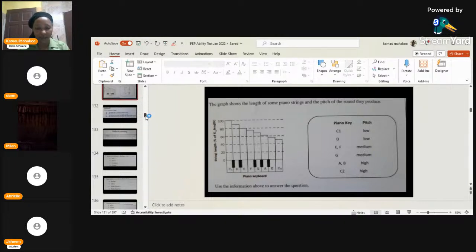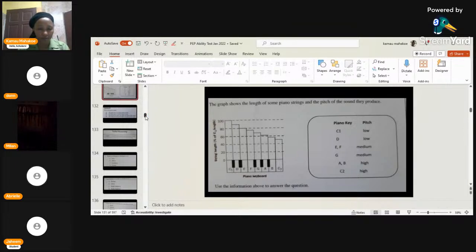The graph shows the length of some piano strings and the pitch of the sound they produce. Piano key C1, the pitch is low. Piano key D, the pitch is low.